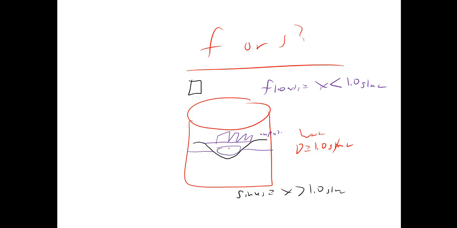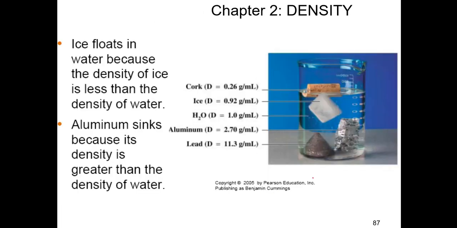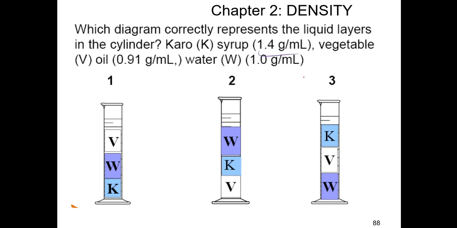Then technically there's a lot less mass per volume, and therefore it floats. All right. So make sure you can answer those questions. Here are some examples here. Slide 88, 89 shows you some examples.